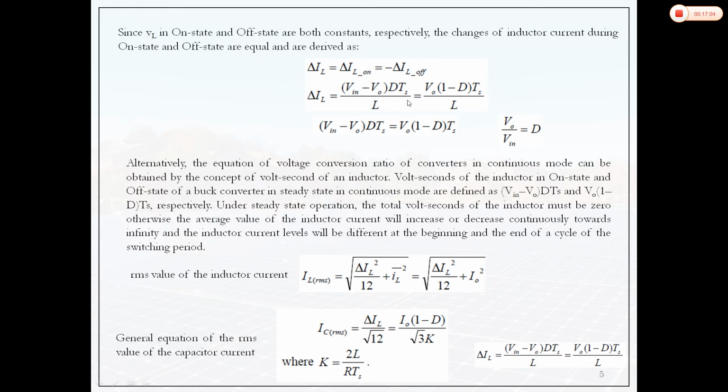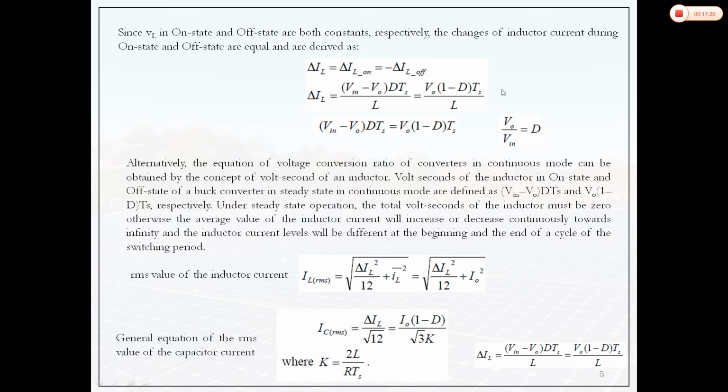If we equate these two, we will get the output and input relationship. This is a very important relationship for the ripple current in the inductor. Output and input are related by the duty cycle, so V output is nothing but duty cycle times V in.